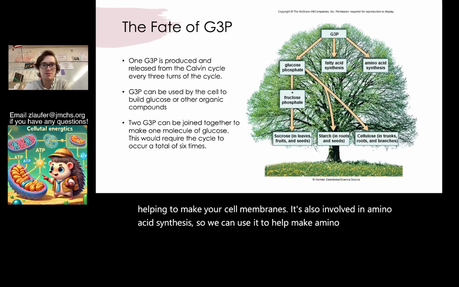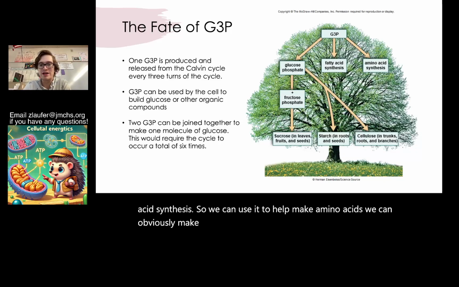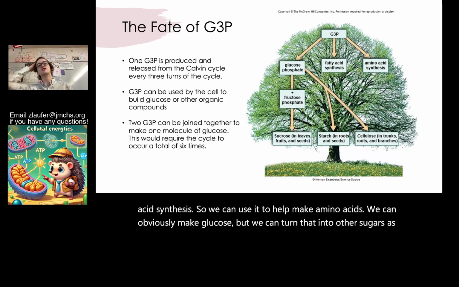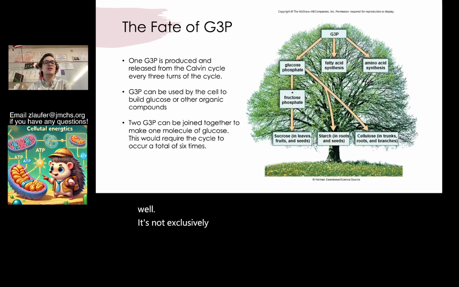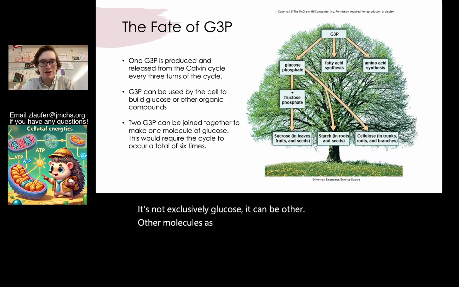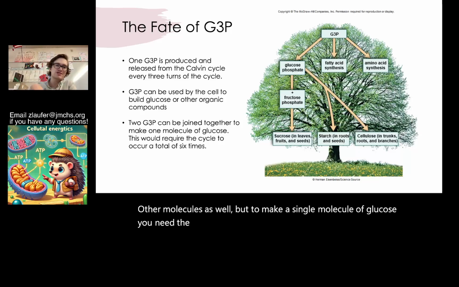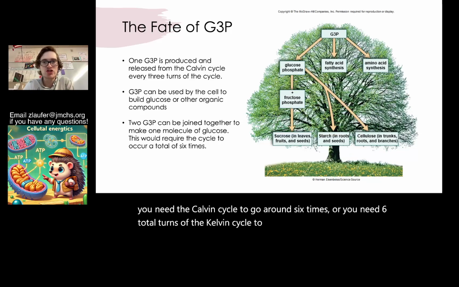We can obviously make glucose, but we can turn that into other sugars as well. It's not exclusively glucose. It can be other molecules as well. But to make a single molecule of glucose, you need the Calvin cycle to go around 6 times, or you need 6 total turns of the Calvin cycle to get the single G3P that you can extract.